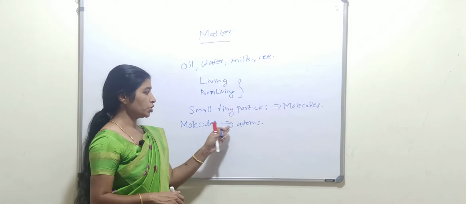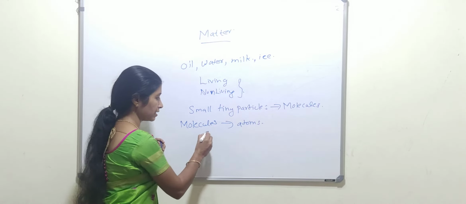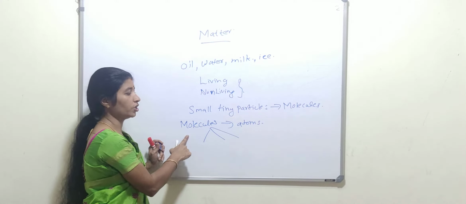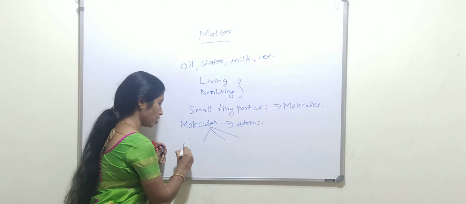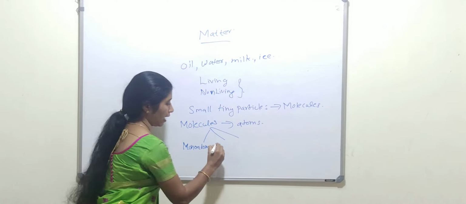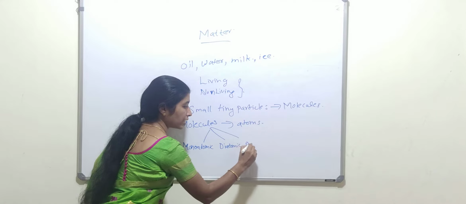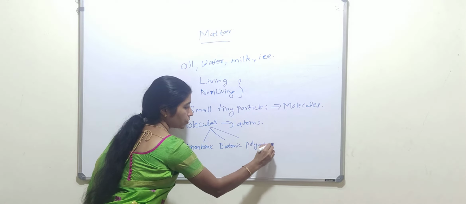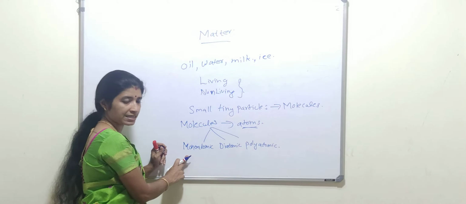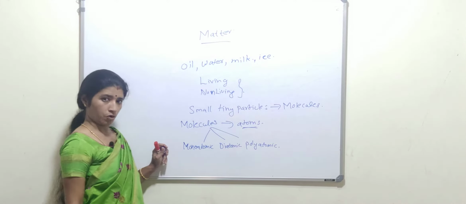According to the number of atoms present in the molecules, we can classify them as monoatomic molecules, diatomic molecules and polyatomic molecules.